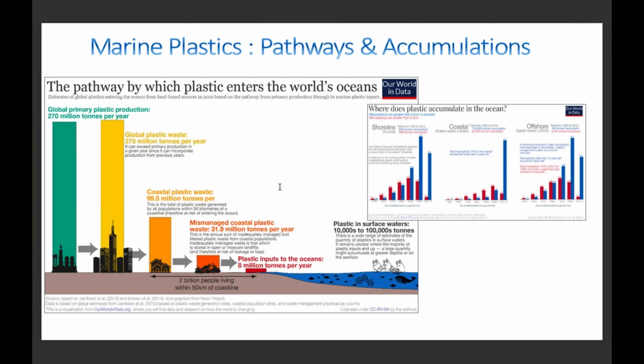Now, out of this 99.5 million tons, 31.9 million tons is mismanaged coastal plastic waste. And out of this nearly 32 million tons per year, 8 million tons per year is the plastic input to the ocean.